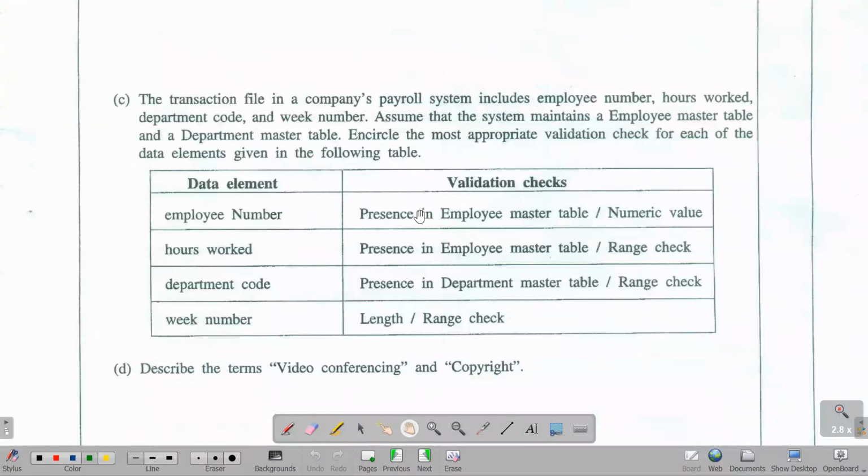Encircle the most appropriate validation check for each data element in the following table. Employee number: in a system, employee number must be there, so it's a presence check. Hours worked is a range we are thinking about, because there will be limitations.